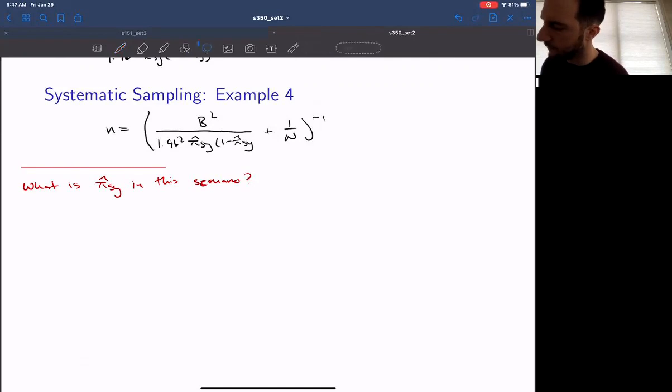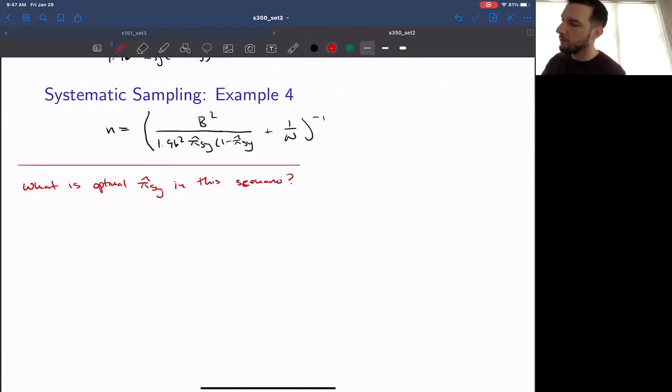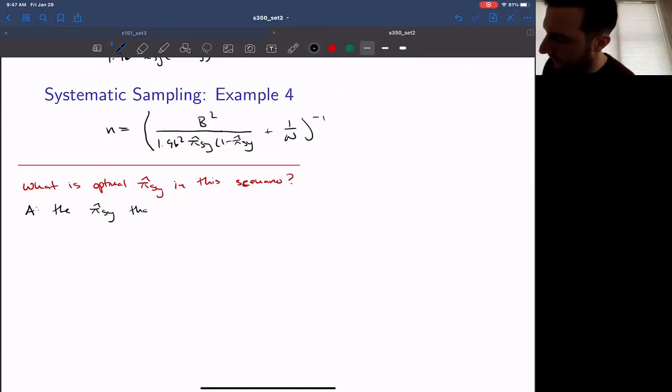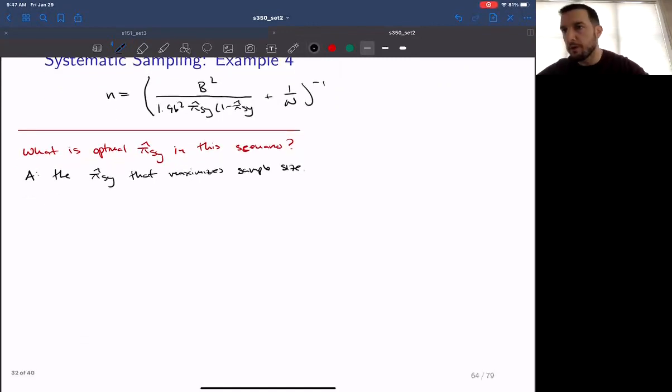Actually, instead of what is, we'll say what is optimal. So the answer here will be the pi hat sy that maximizes sample size. Okay, so there's a few different ways that we can approach this problem.